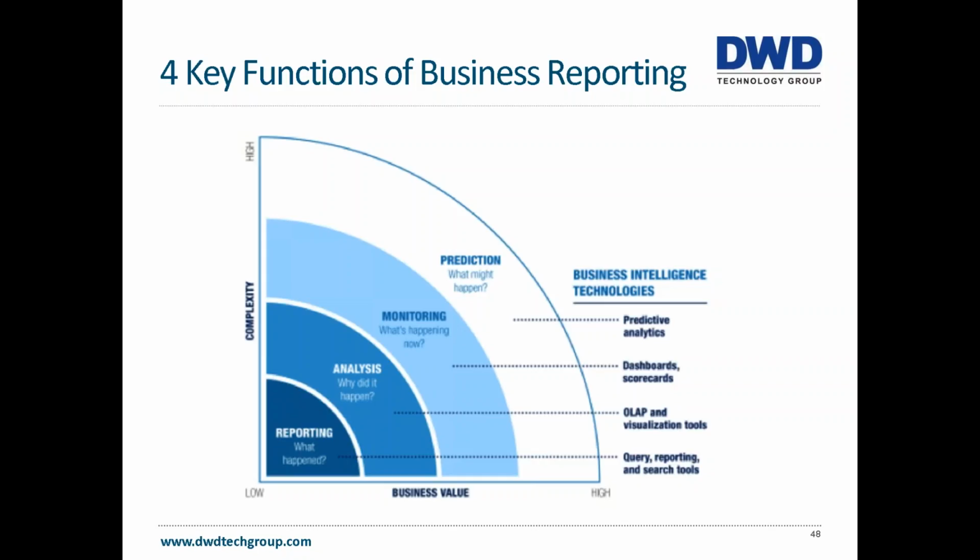Once we start crawling up this into, let's say, analysis, why did it happen? Then we start getting into more detail. You notice how the chart shows the business value keeps creeping up, the complexity keeps creeping up. So each level as we come out here is a little more complex, and that is where Knowledge Sync comes in.